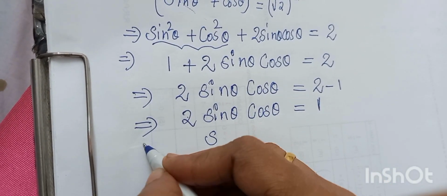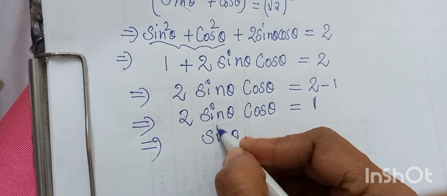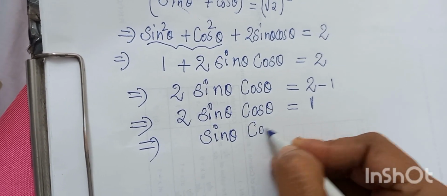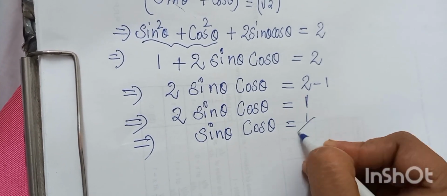So sin theta cos theta is equal to 1 by 2.